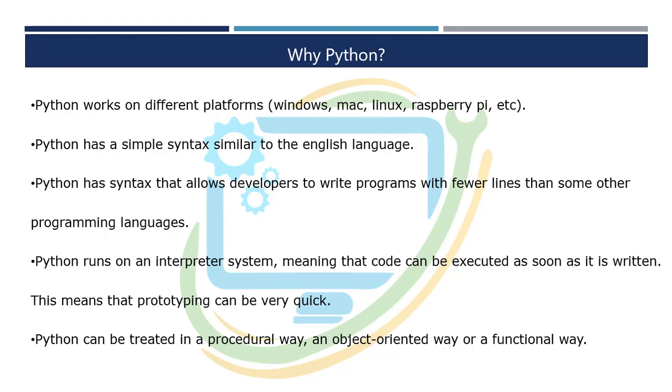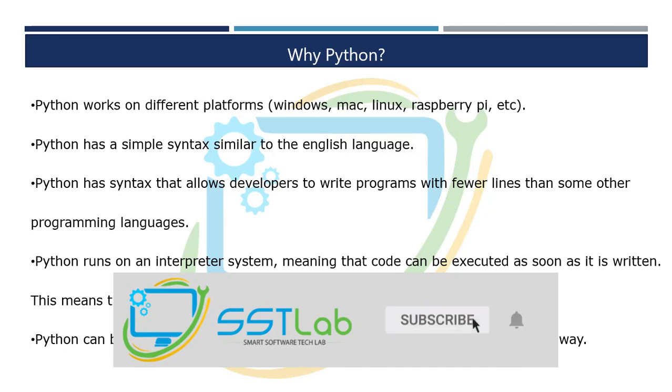So the Python compiler will automatically know what the type of that variable will be according to the value of that variable. If you are assigning 10 to a, the type of the variable a will be integer.